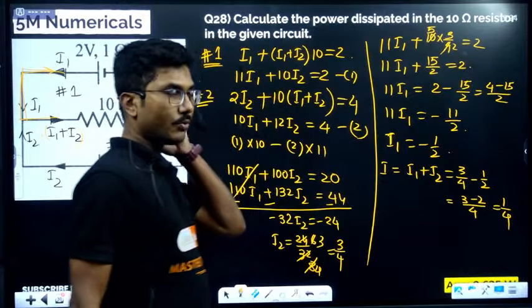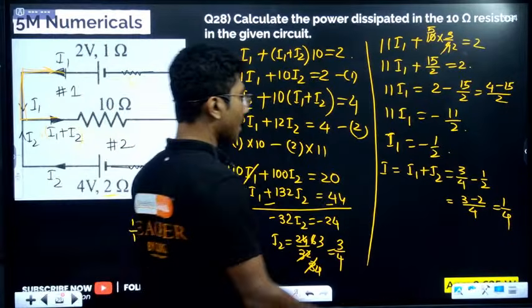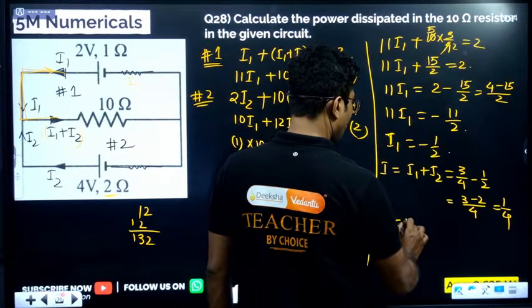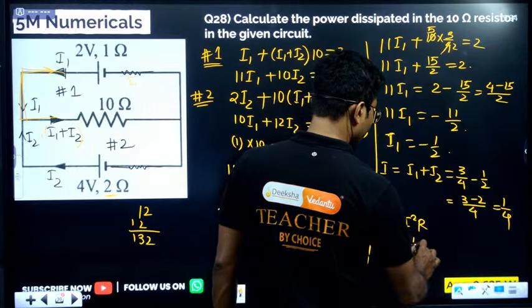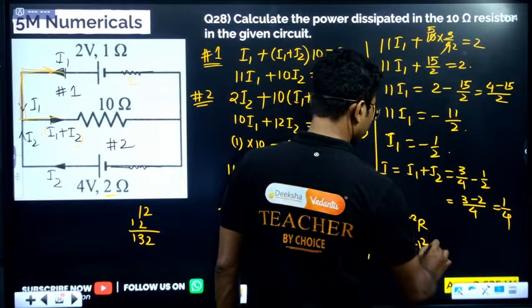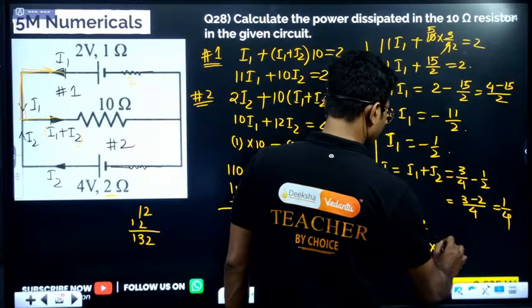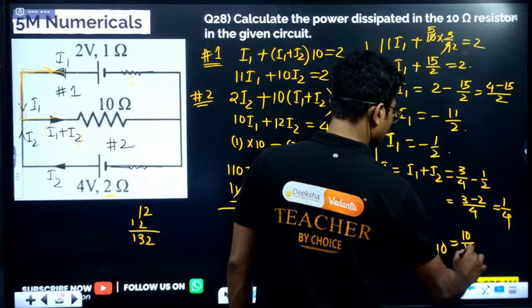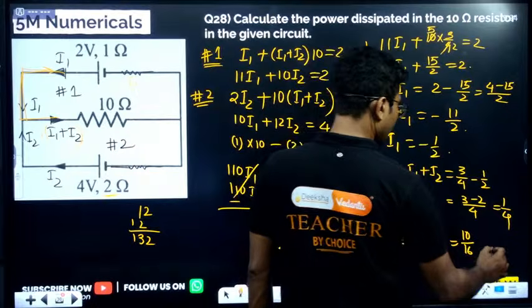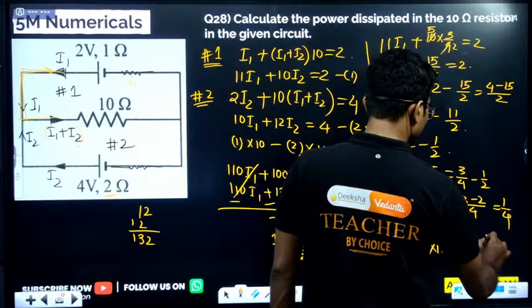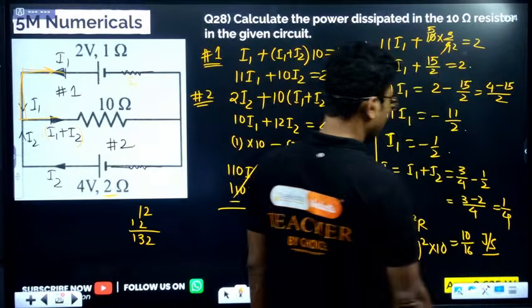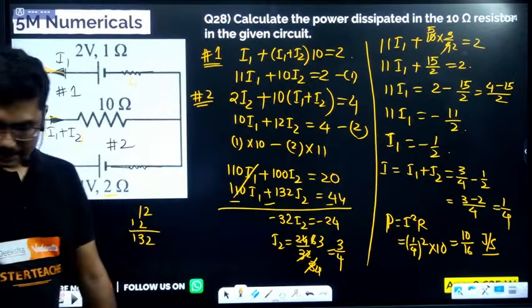Okay, so this is the current. So what is the power? Power is I square R, which is 1 by 4 whole square into 10, that is 10 by 16. Okay, so this is the answer, and the unit of power is joules per second.